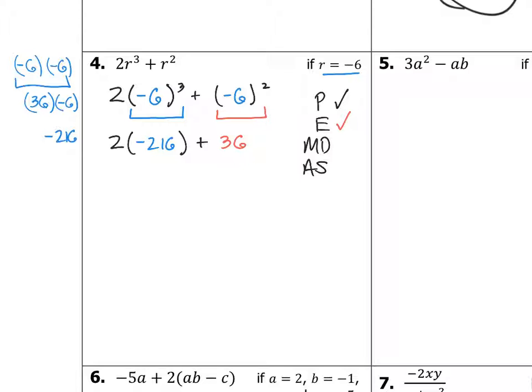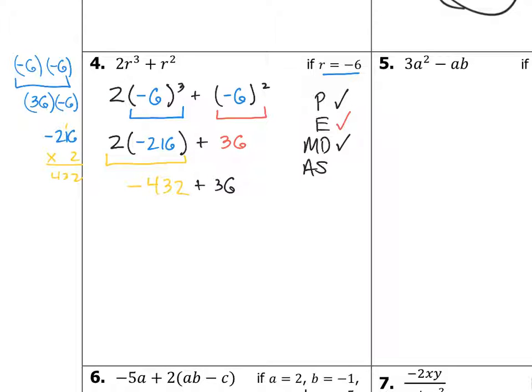My next step would be multiplication. I have a 2 times negative 216. I know a positive times a negative will give me a negative. 216 times 2 is 432. So this is negative 432 plus 36.